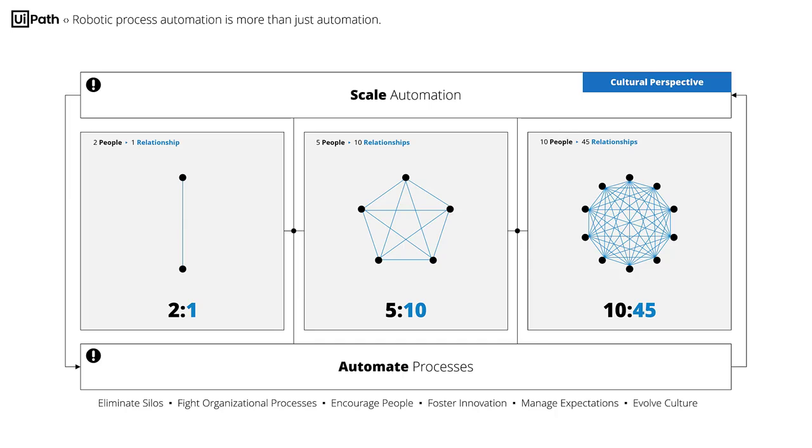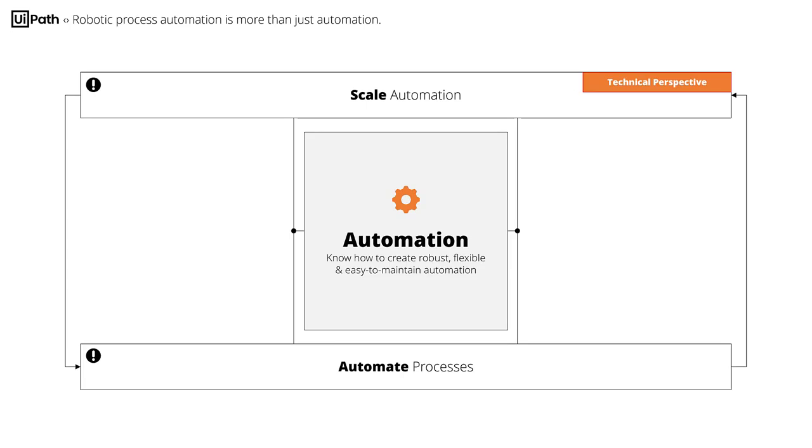Now then, that's the cultural perspective related to scaling automation. There's also a technical perspective related to that scaling process. Here we are mainly talking about automation. So you need to know how to create robust, flexible, and easy to maintain automation. But automation in and of itself is by far not enough.